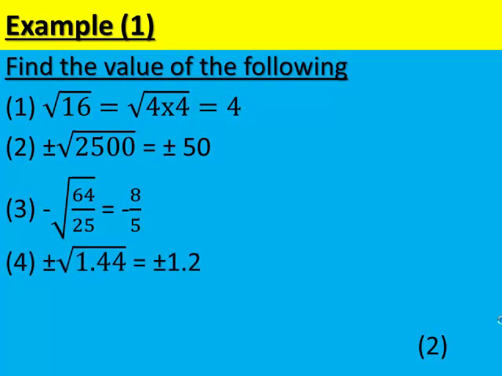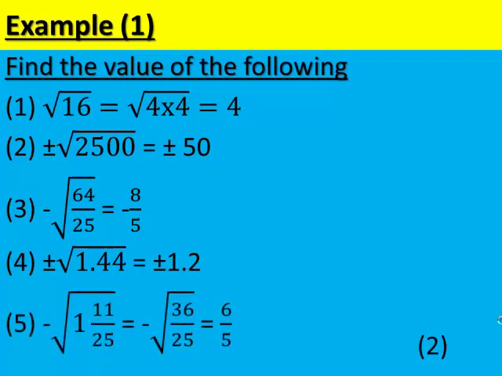Number 4, positive or negative square root of 1.44 equals positive or negative 1.2. Number 5, negative square root of mixed number 1 11 over 25 equals negative square root of 36 over 25, which equals negative 6 over 5.